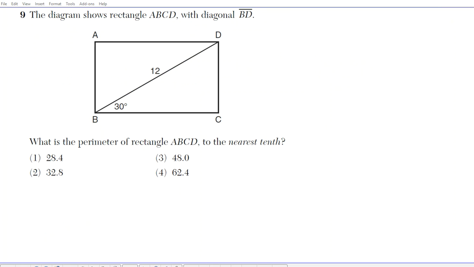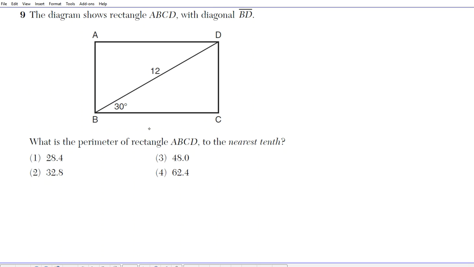All right, let's take a look at question number 9. It reads, the diagram shows rectangle ABCD with diagonal BD. Question, what is the perimeter of rectangle ABCD to the nearest tenth? Okay, so if you take a look at this triangle, there are two ways you can do this.